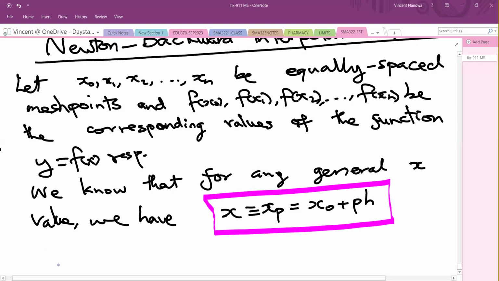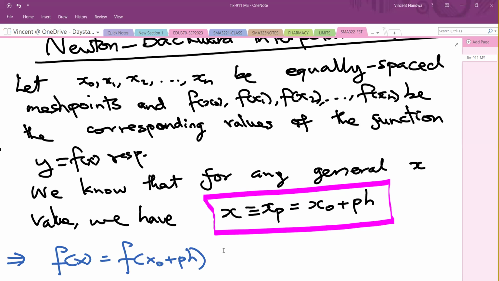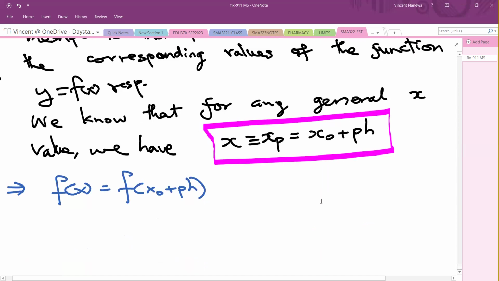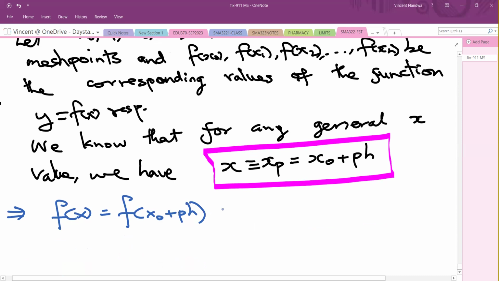So this implies we can write the function f of x as f of x naught plus ph. And then we can express f of x naught plus ph in terms of the shift operator, which will be e raised power p of f of x naught, which you can just write as e raised power p of f naught.